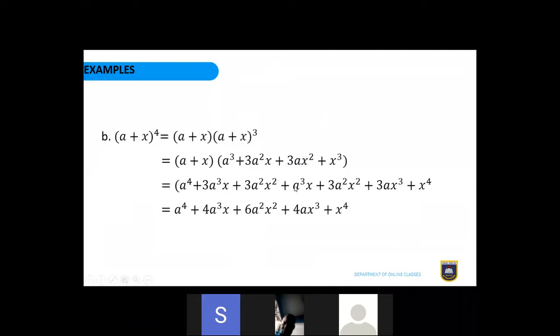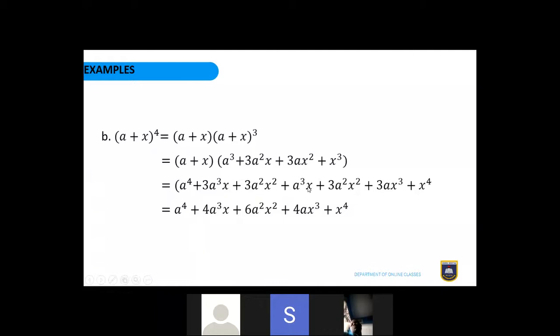That's where the error comes from when we're adding. It's supposed to be a cube x. Sorry, a cube. So that's why the a cube comes before the 3a cube.